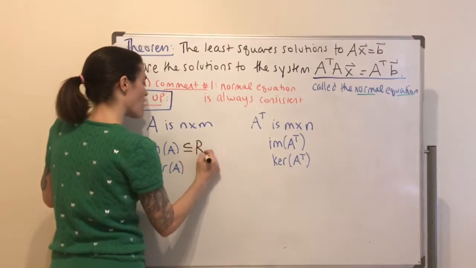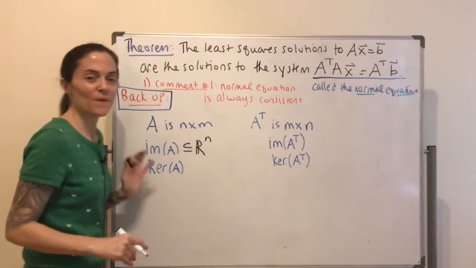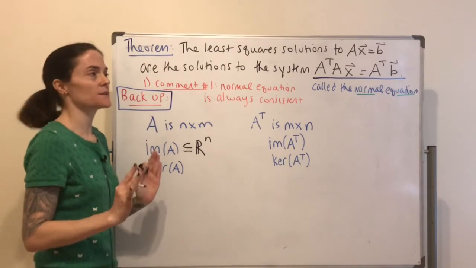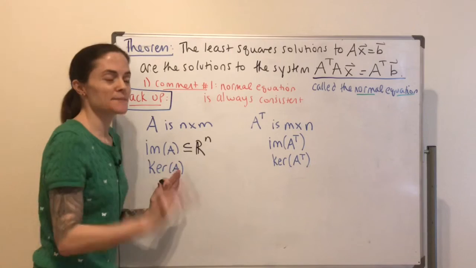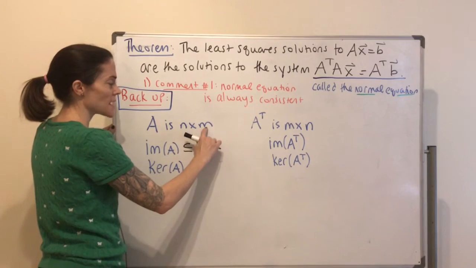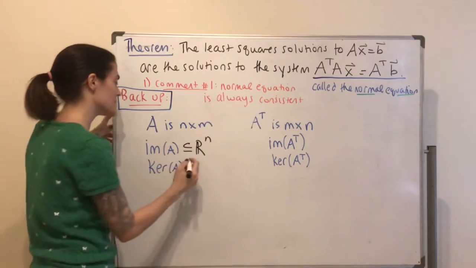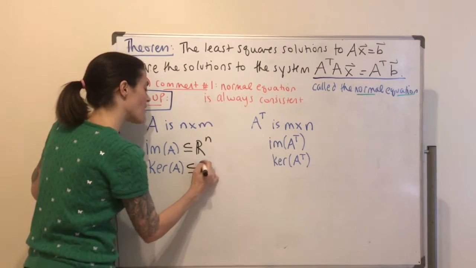This is in Rn. The kernel of A, what was this? This was every vector such that A times x is 0. Well, in order for A times x to be defined, x must be in Rm. So this sits inside Rm.